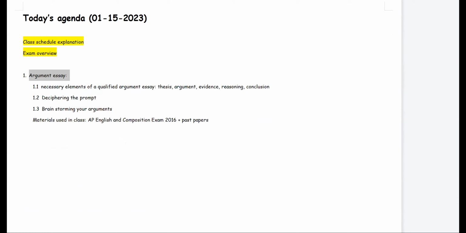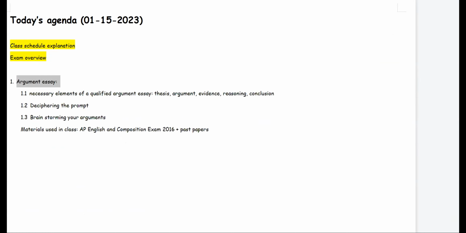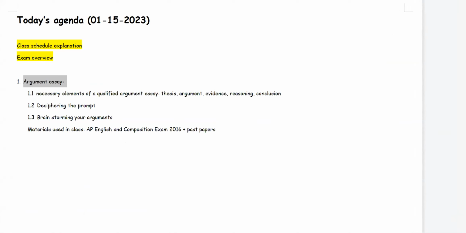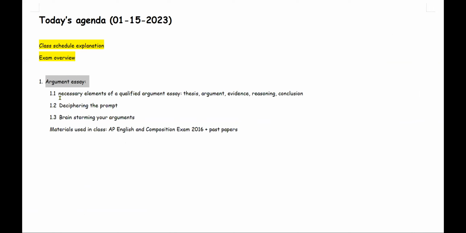First things first, the very fundamental elements required in a logical argument essay include right here: thesis statement, arguments, evidence, reasoning, and conclusion. I'm going to ask you to contribute to our course discussion right now.